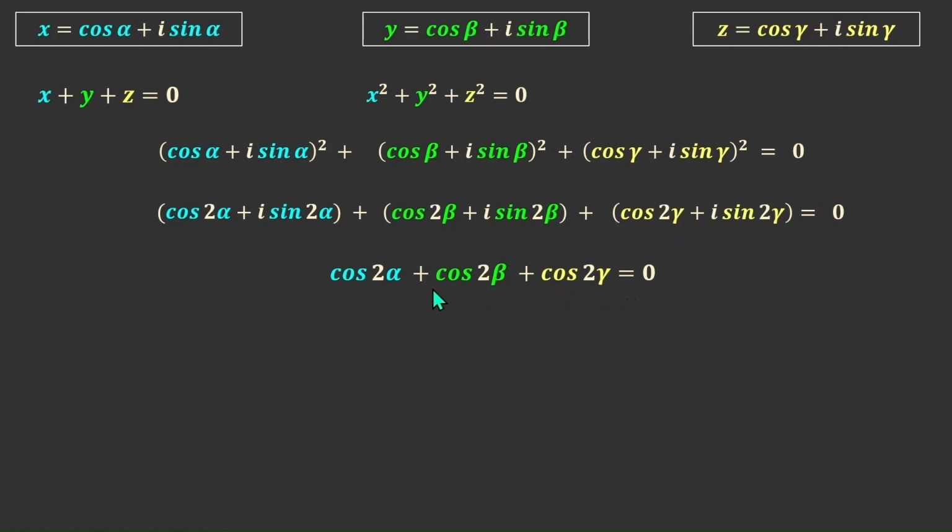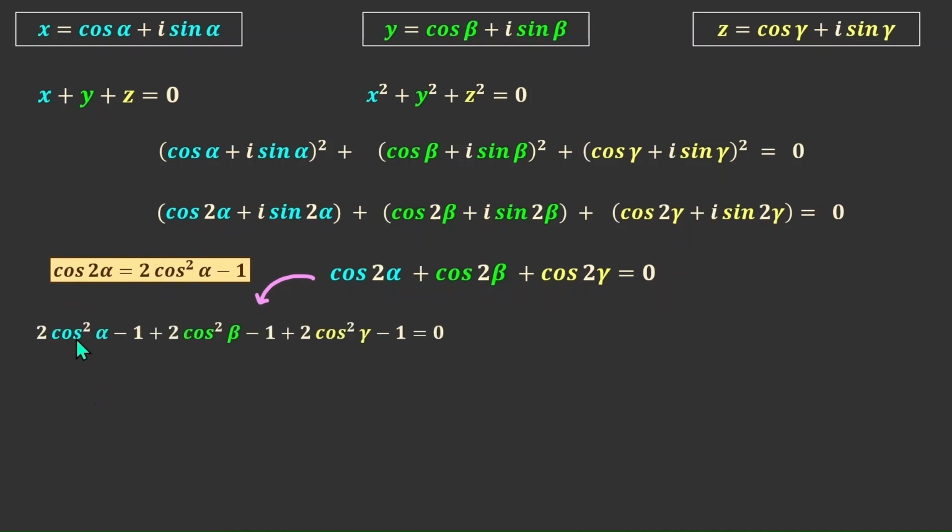And that's great. Now, knowing the formula of cos 2 alpha, we can open it in two ways. First is to take in the cos square alpha term, or second is to take it in the sin square alpha term. So our formula is that cos 2 alpha is equal to 2 cos square alpha minus 1. So let's open all of them in this formula.